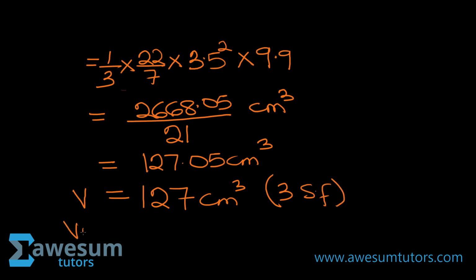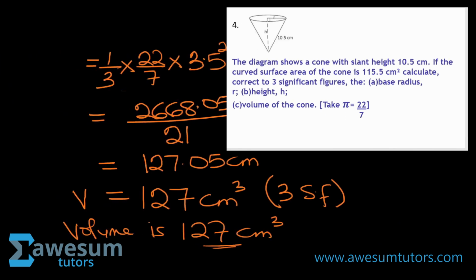The volume of the cone is 127 centimeter cube. Very easy, guys. I hope you all understand this concept. So right here, we have been able to find the base radius, the height, and also the volume of the cone.